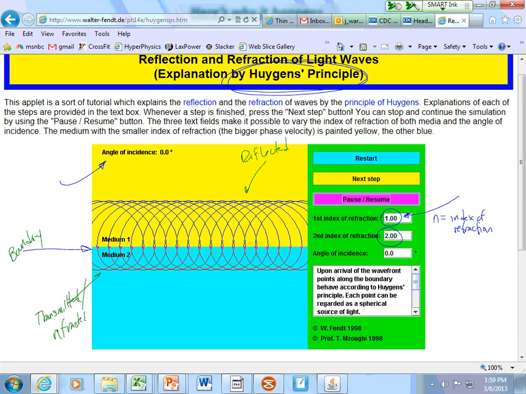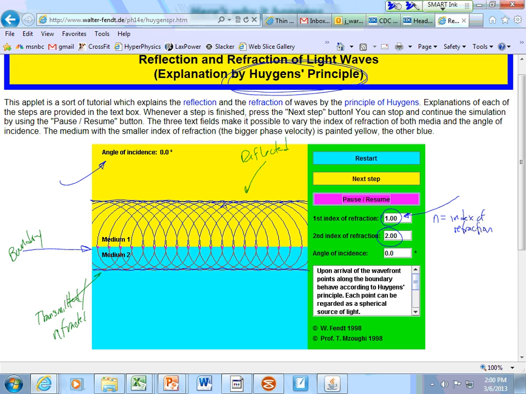Now, what you'll notice, I hope, is that the reflected wave has traveled a farther distance than the transmitted one. And in fact, if you look close, you can tell that this is like a lot of peaks on top of each other, which is like one big peak. And this is like a lot of peaks on top of each other, or like one big peak.